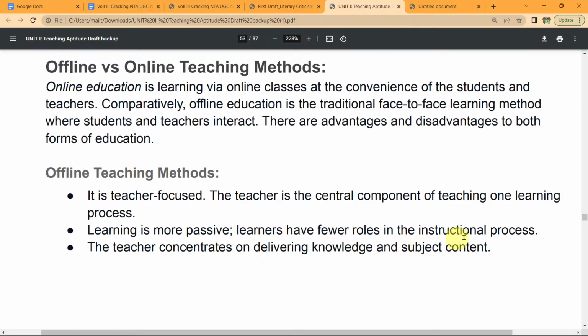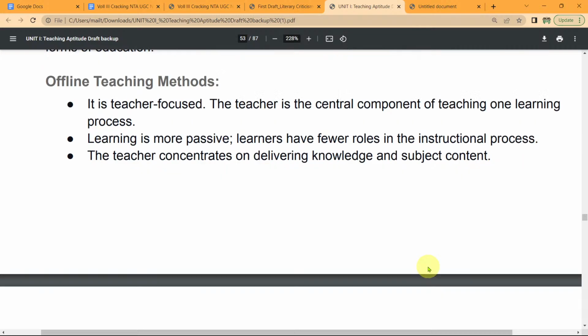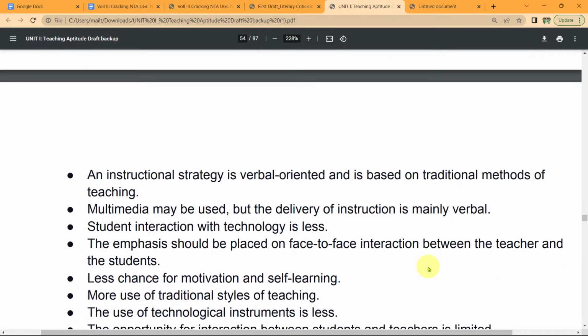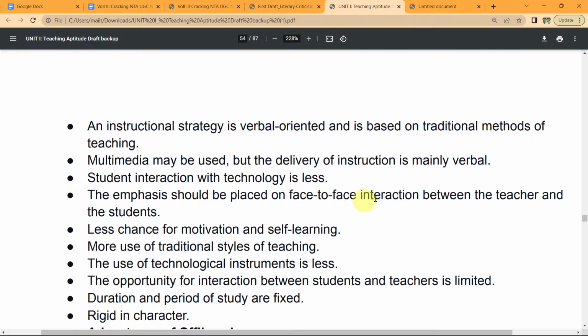Learners have fewer roles in the instruction process. The teacher concentrates on delivering knowledge and subject content. You might have multimedia in the classroom, but the delivery of instruction is mainly verbal. Student interaction with technology is less here, and the emphasis is placed on face-to-face interaction.